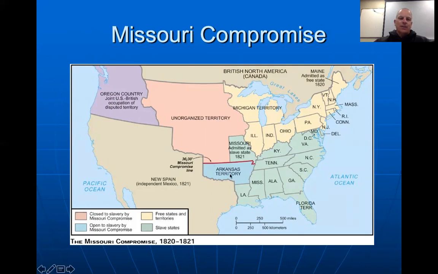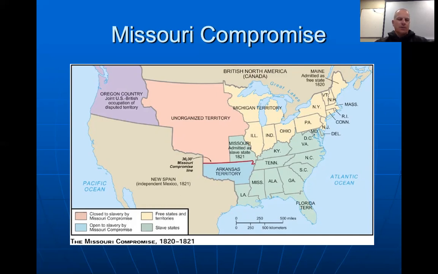Any territory coming in below, which really is only the Arkansas territory, would be slave. So if you see this map, here's Maine and here's Missouri. Maine free, Missouri slave, line drawn at 36 degrees 30. And for the first time in history, the North appeased the South.